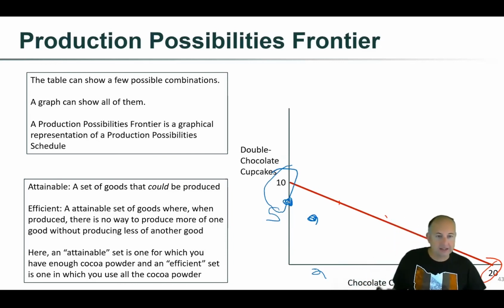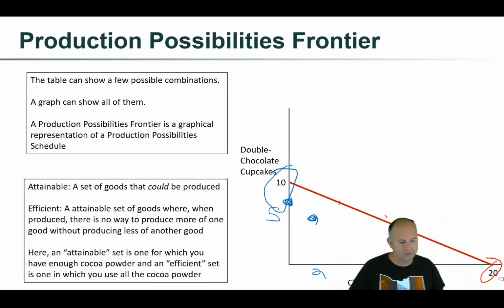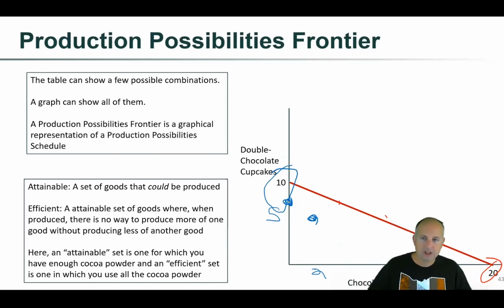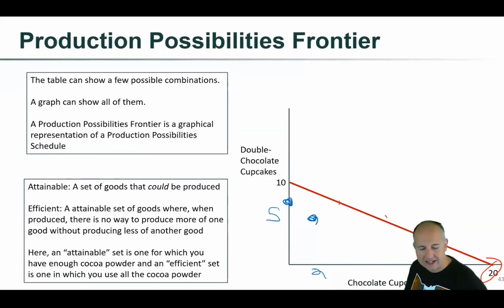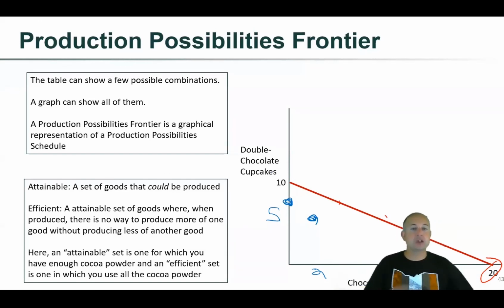And so that brings us to this next term, which is efficient. Efficient means an attainable set of goods where, and this is a more math-heavy definition, when you produce this set, there is no way to produce more of one good without producing less of another. What we're really saying here in this example is that you're using all of the cocoa powder.